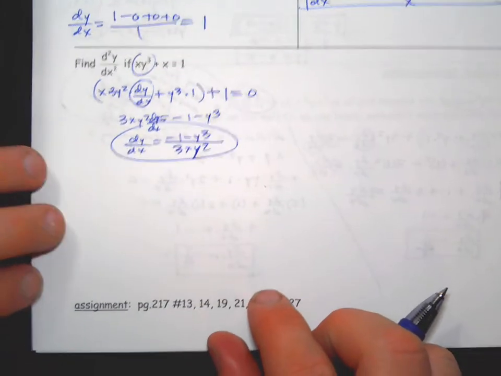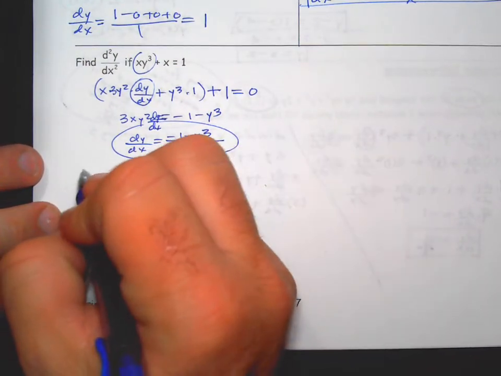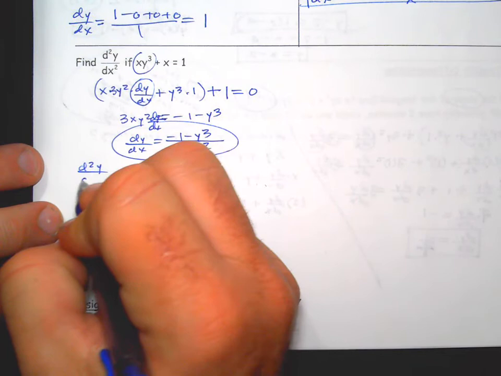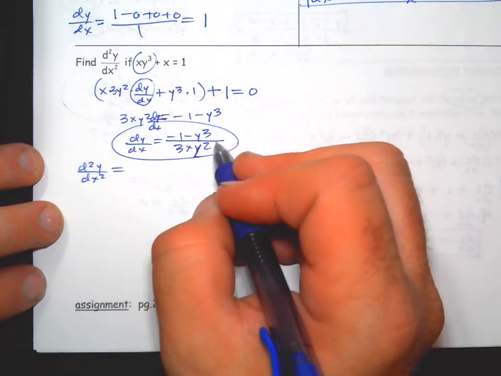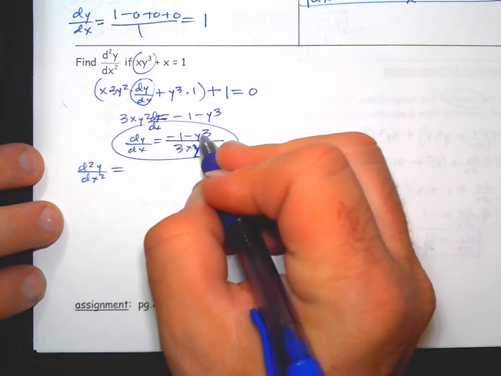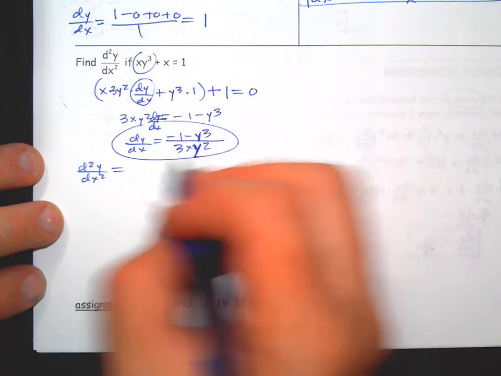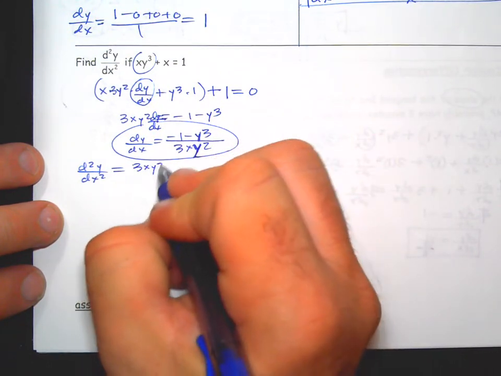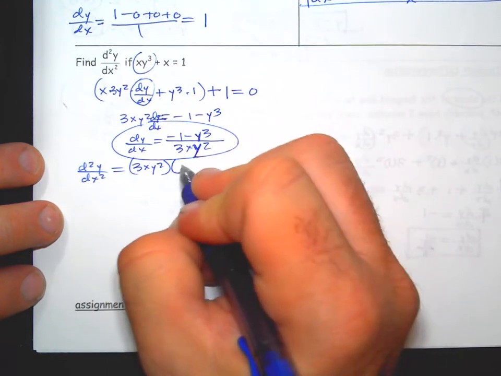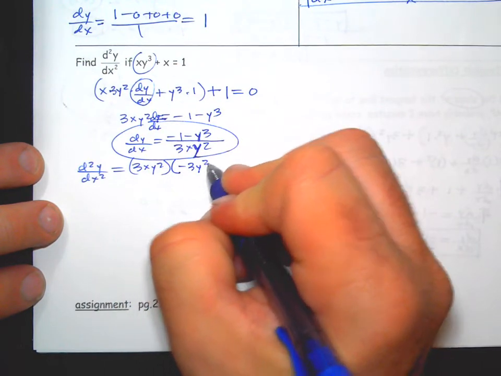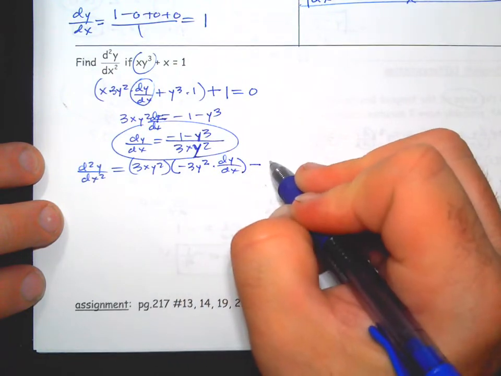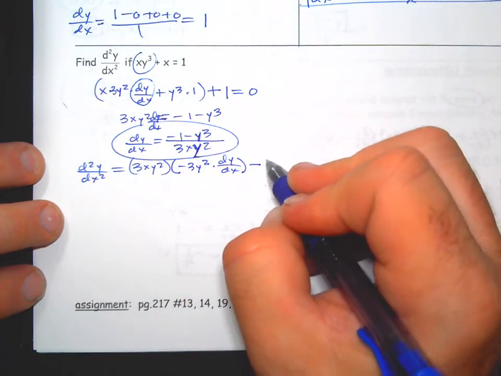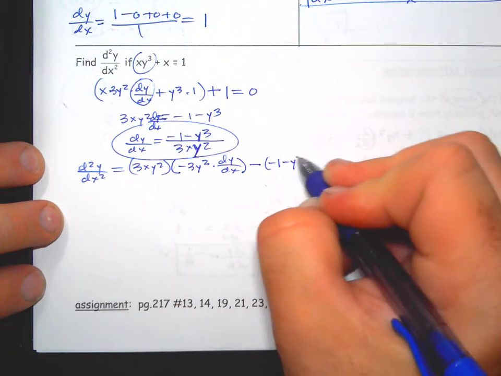So now the second derivative says, okay, take the derivative of this. We're going to do a quotient rule, and it has y's in it still, right? So it's going to be low d high, which would be negative 3y squared dy/dx, minus high d low.